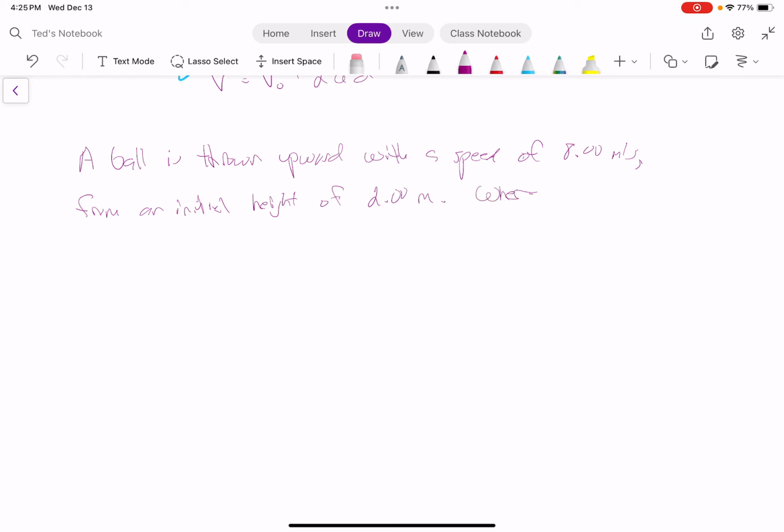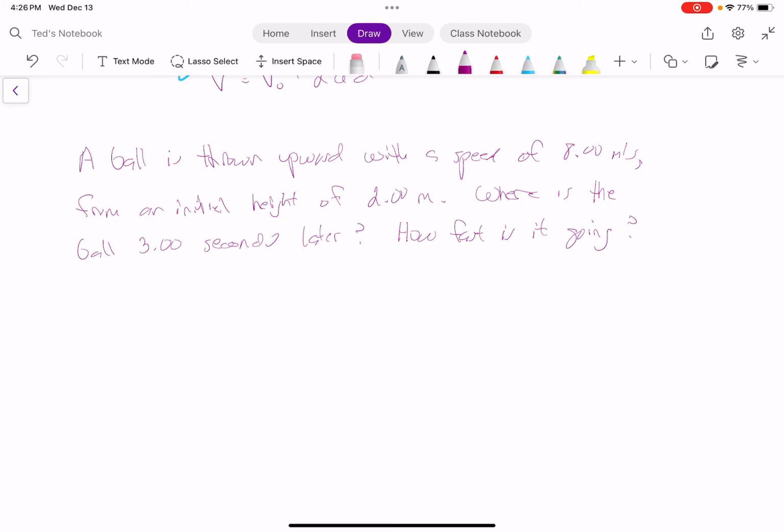Where is the ball 3 seconds later? And also, how fast is it going?